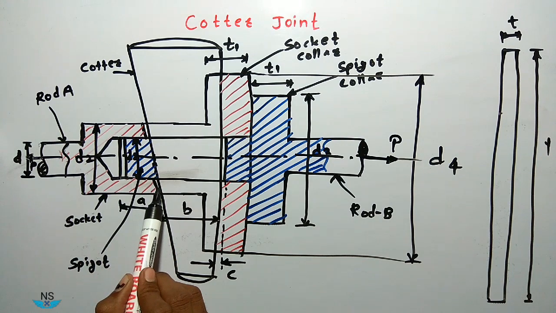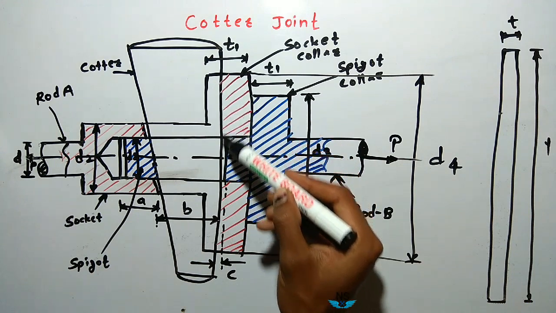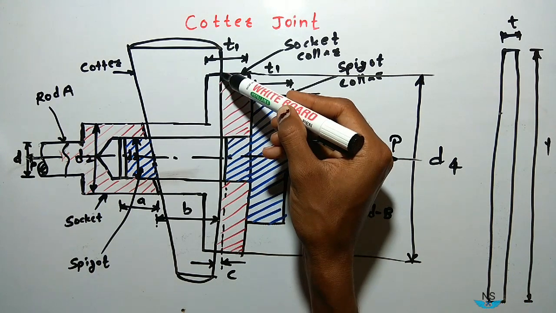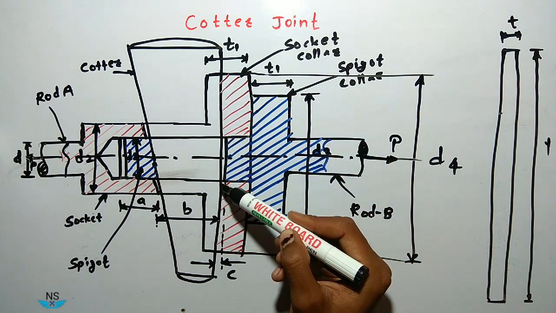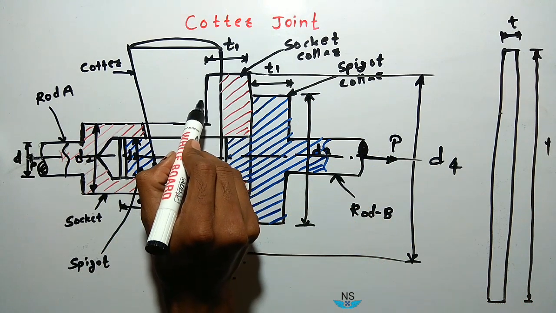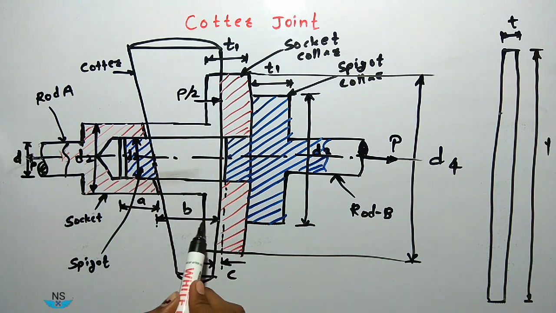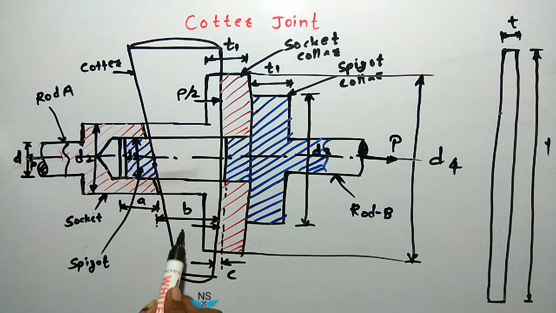Here also there is clearance, but at this collar the socket touches the cutter, so this P is balanced here. Half here, P by 2, and half here, P by 2.